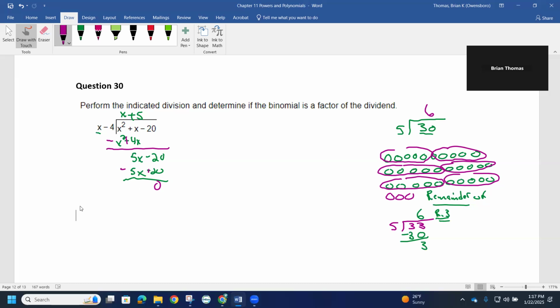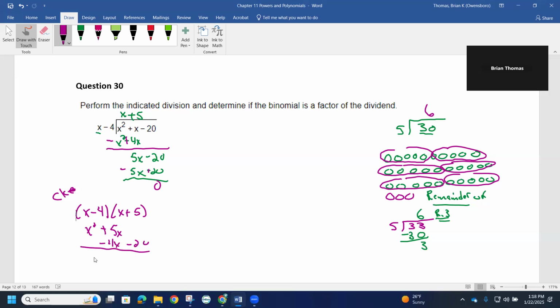So in other words, if I multiply x minus 4 times x plus 5, those two factors together, that should get me back to the dividend of x squared plus x minus 20. So this would be the check. x times x would be x squared, 5x, negative 4x, and then a minus 20.